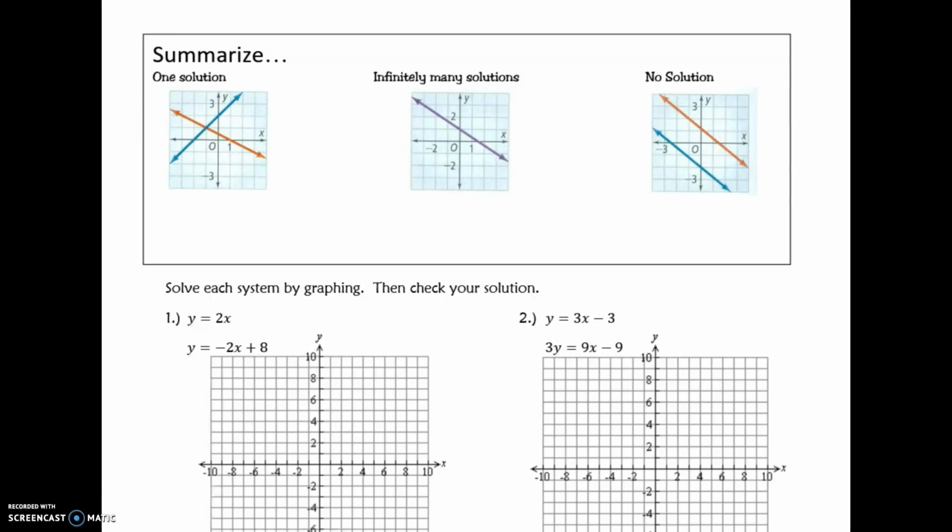Now that we've just gone through all three different situations, let's summarize. Remember, one solution is where the two lines meet at a point on the graph. Infinitely many solutions is where there are two lines that end up being at the same position or on all of the same points, and this is where they are the same equation.